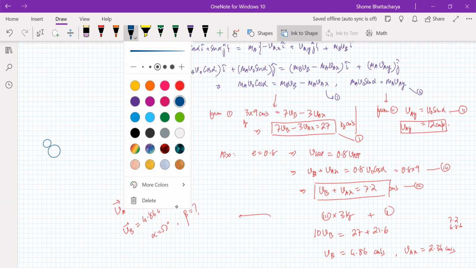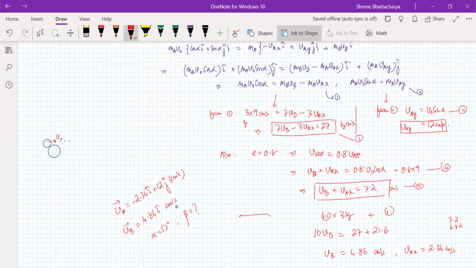Achha, so let's come back to this. This is my V naught. This was before impact, and this is the line of V naught. Now coming back to this, after impact, my VA is something like this, let's say.